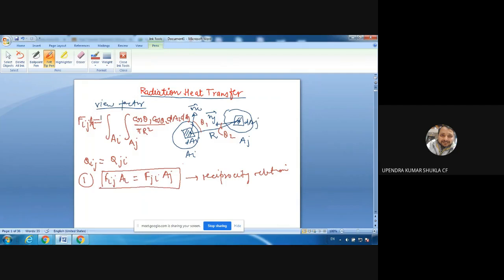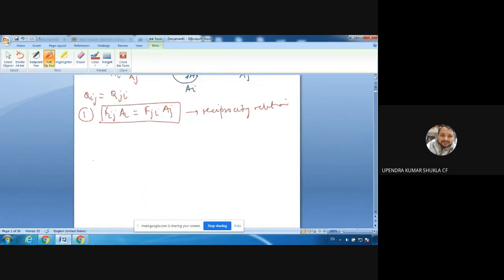The next thing that I would like to tell you: suppose we have an insulated cube as an enclosure.